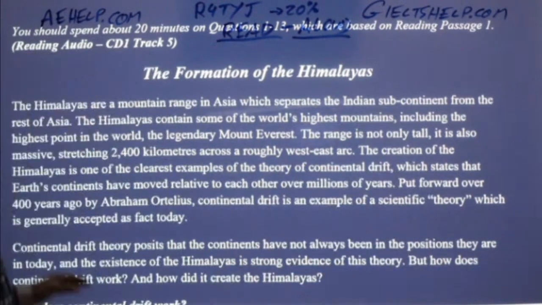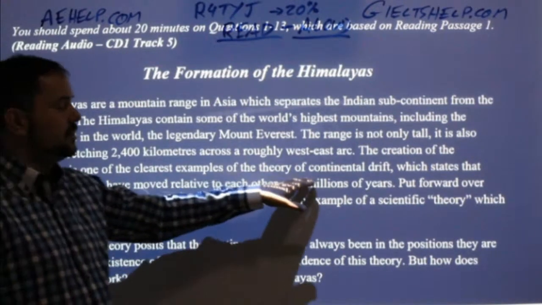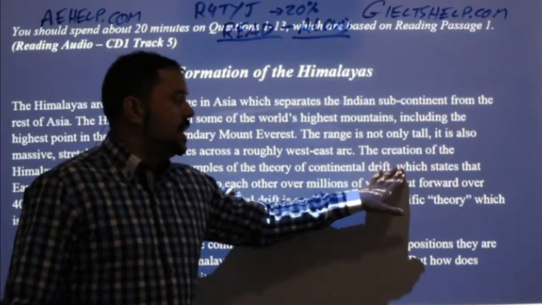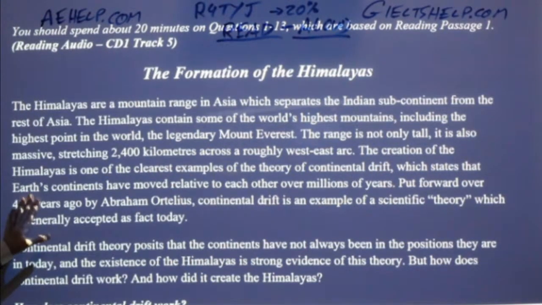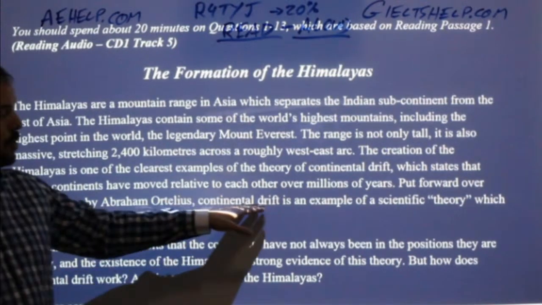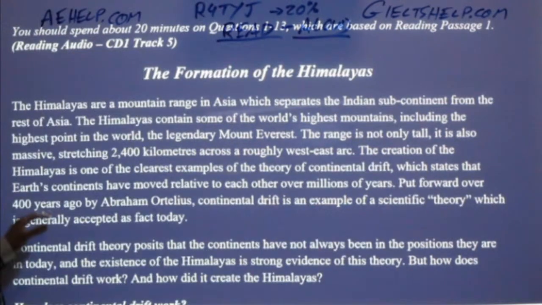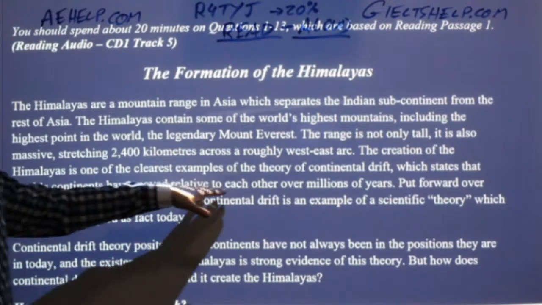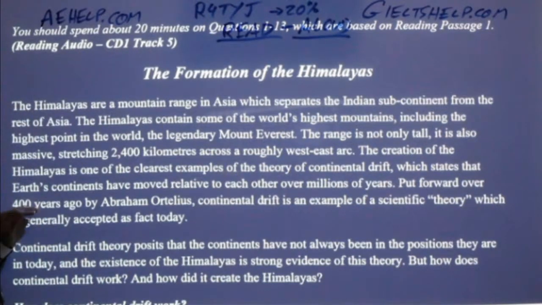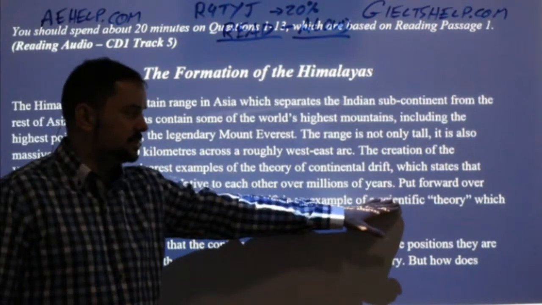The creation of the Himalayas is one of the clearest examples of the theory of continental drift, which states that Earth's continents have moved relative to each other over millions of years.